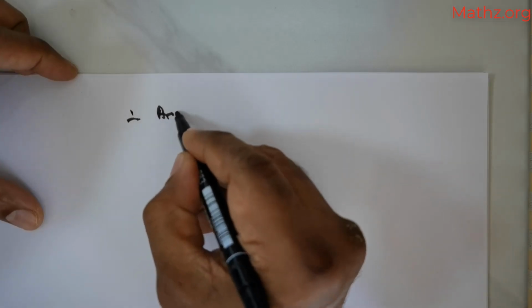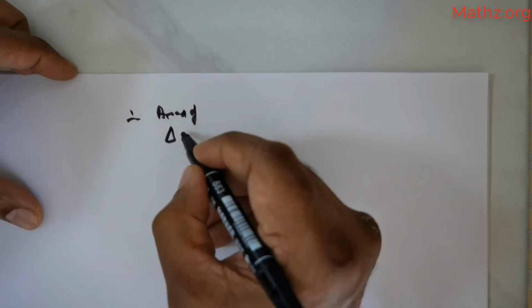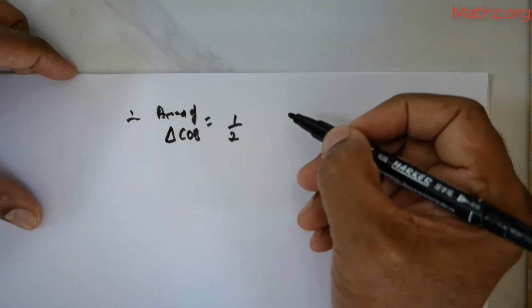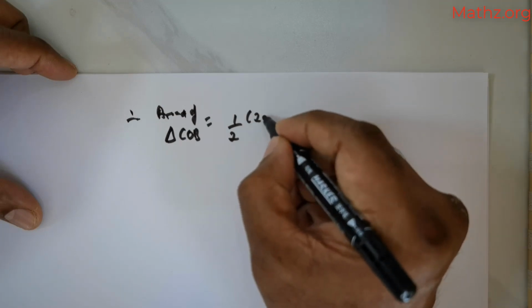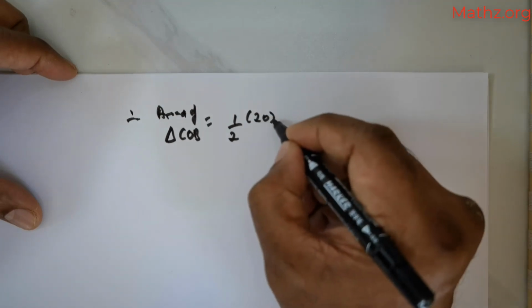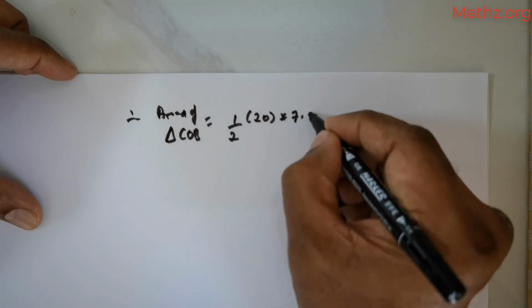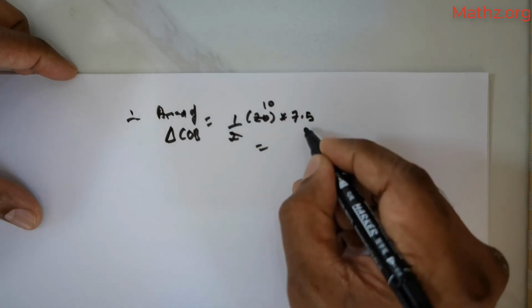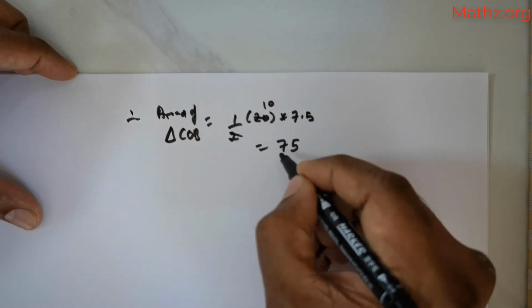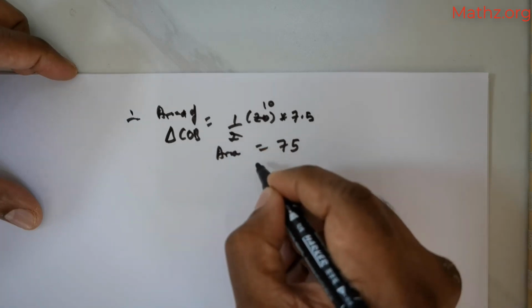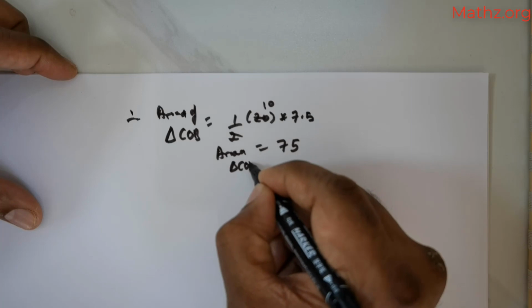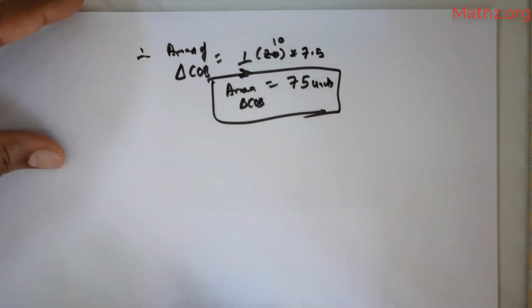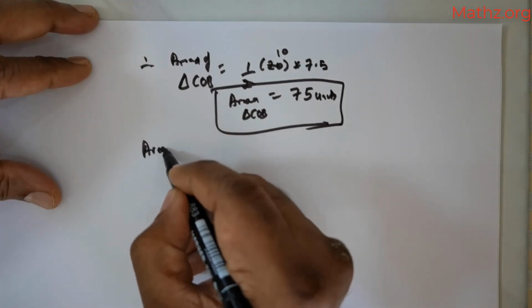That's half into 20 for the base and the height is 7.5. So 2 divides 20, 10 times 7.5 will give us 75. So this is the area of triangle COB, in square units.